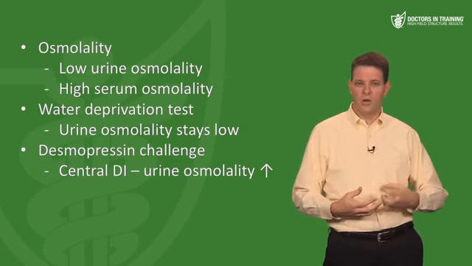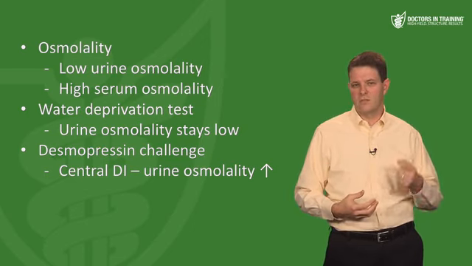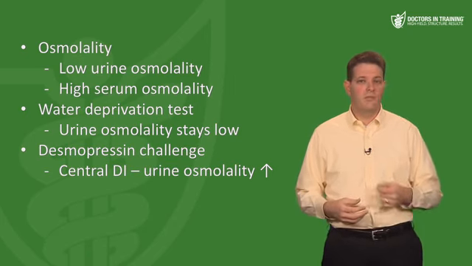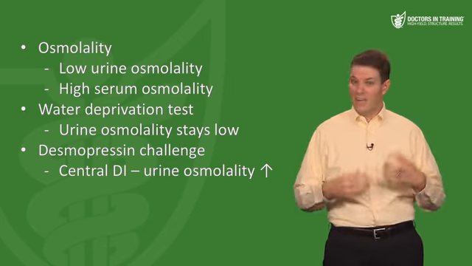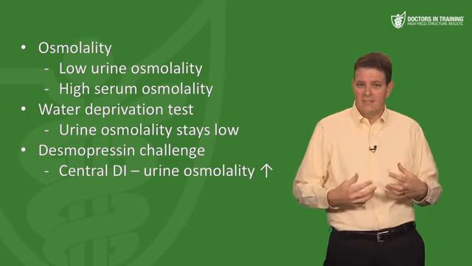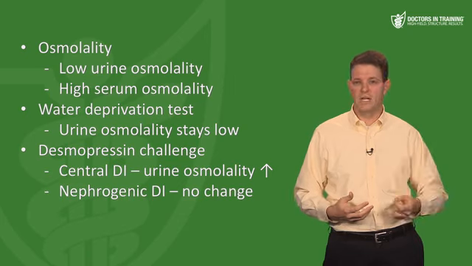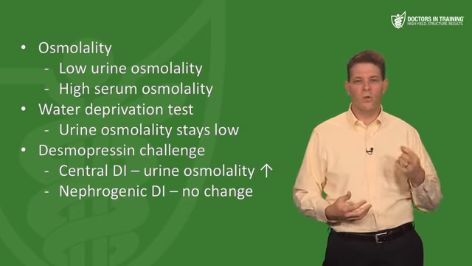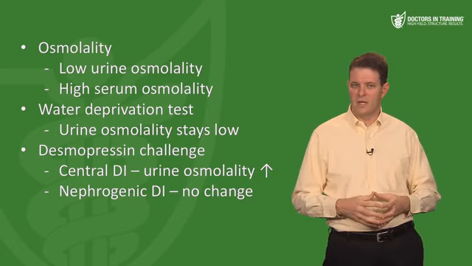And technically, that urine osmolality has to rise by at least 50% to be considered positive for central DI. But if you give desmopressin to a patient with nephrogenic DI, that patient already has plenty of ADH circulating, but the kidneys can't respond to it, right? So the urine osmolality will not change, or it might rise very slightly, but less than 50%.